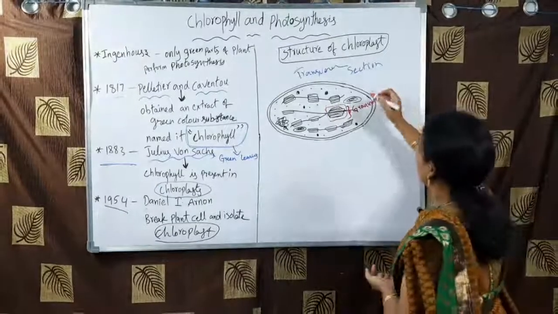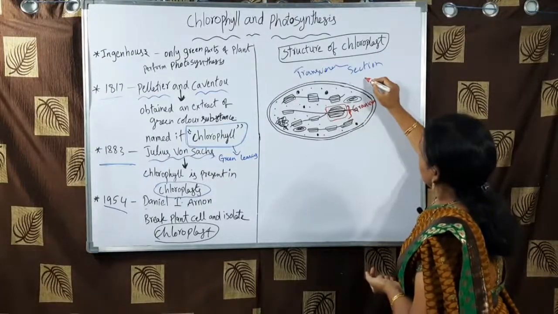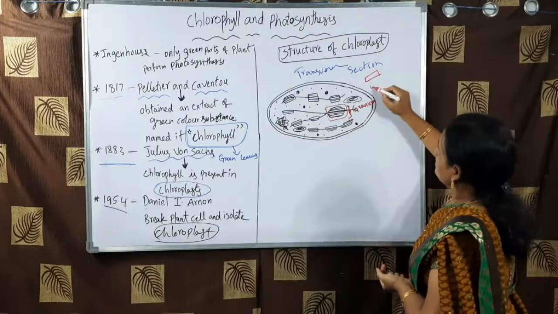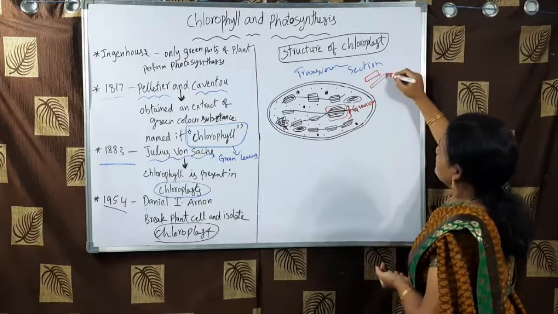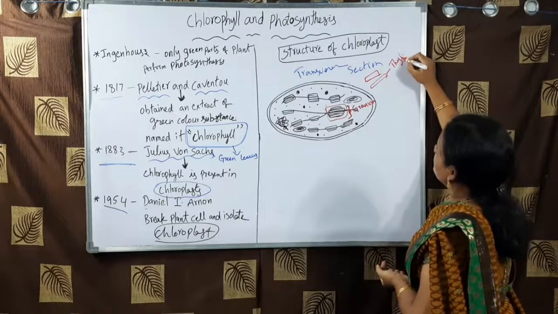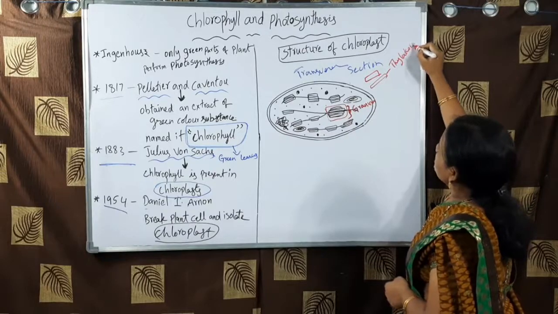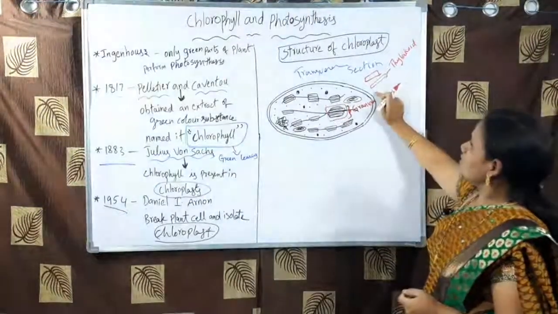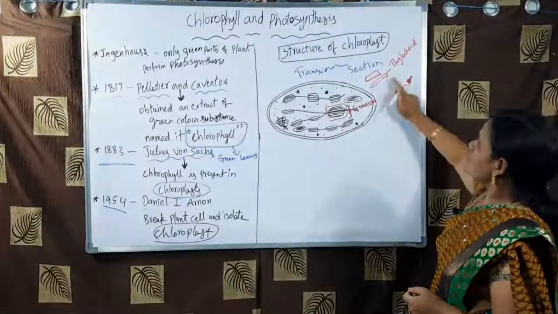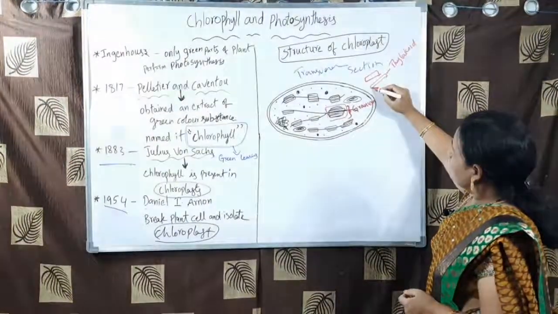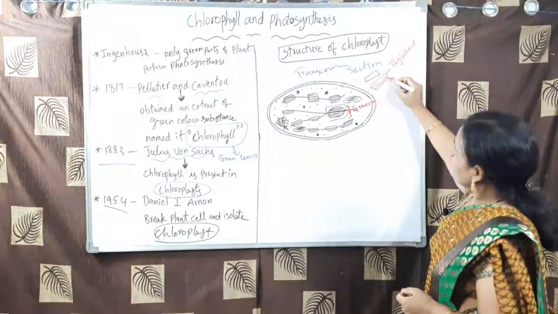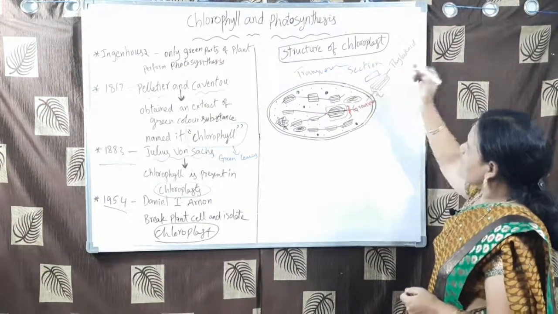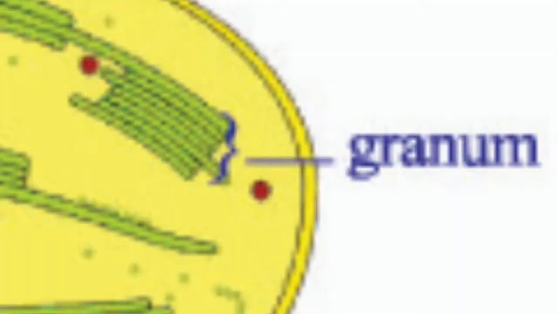Like that, for example, each box here we can call a thylakoid. So several boxes together, each single box-like structure being a thylakoid, form a granum.